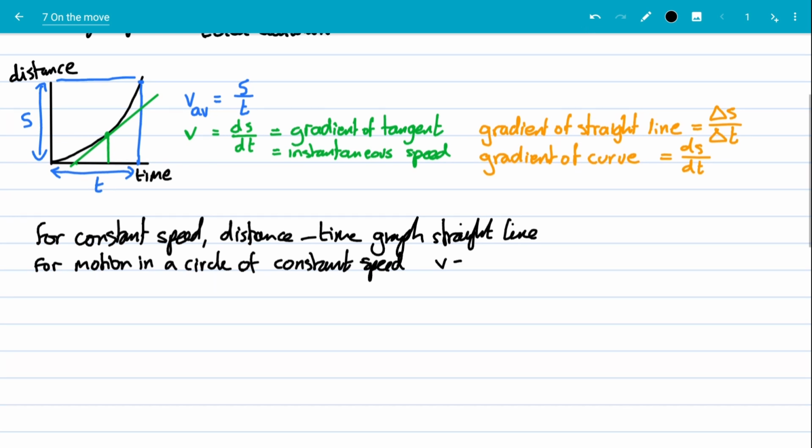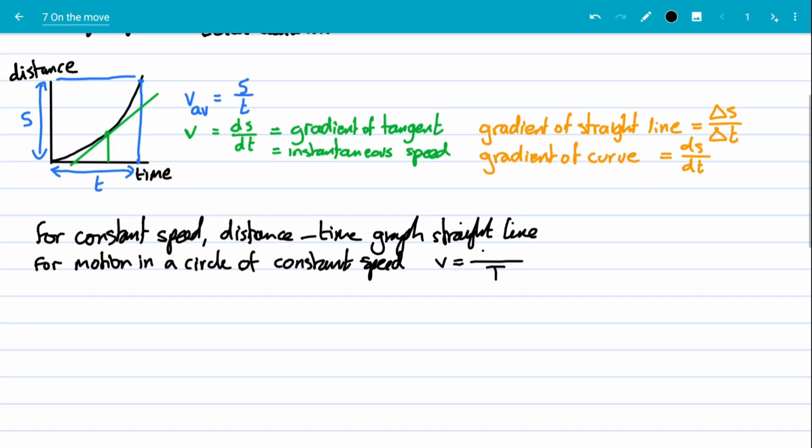That's going to be equal to the total distance we travel divided by the total time. Well, let's suppose that we make one full circle. We can call that T, the time period, the time it takes to go once around our circle. And the distance we've traveled is the circumference of that circle, which is 2 pi r, or pi d, where d would be the diameter.